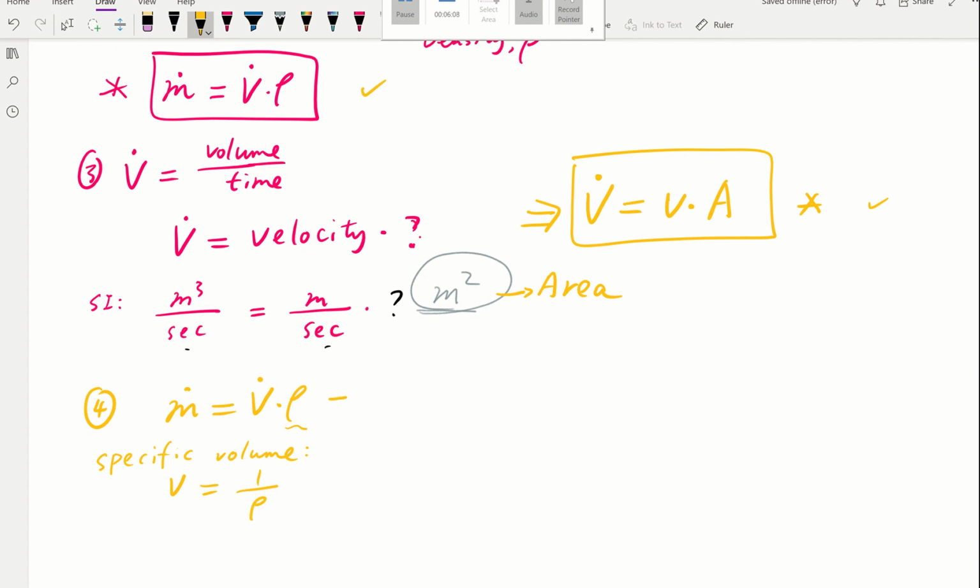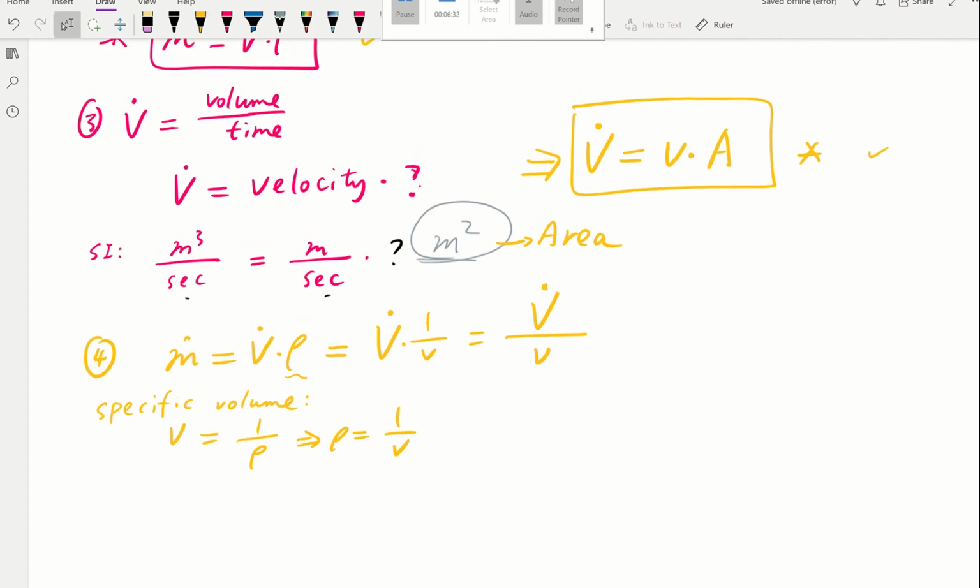So we can continue to write down this mass flow rate equation: volume flow rate times rho, and density is the reciprocal of specific volume, so times 1 over v. In other words, it's volume flow rate divided by specific volume. That's going to be our mass flow rate. So we have another expression for mass flow rate.